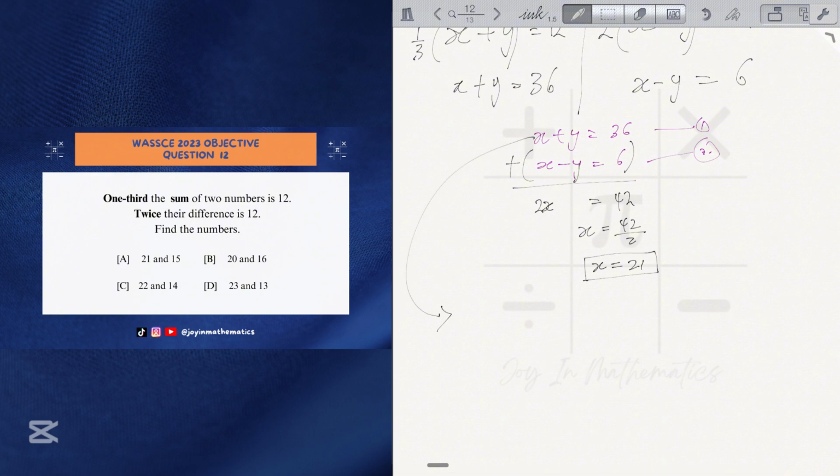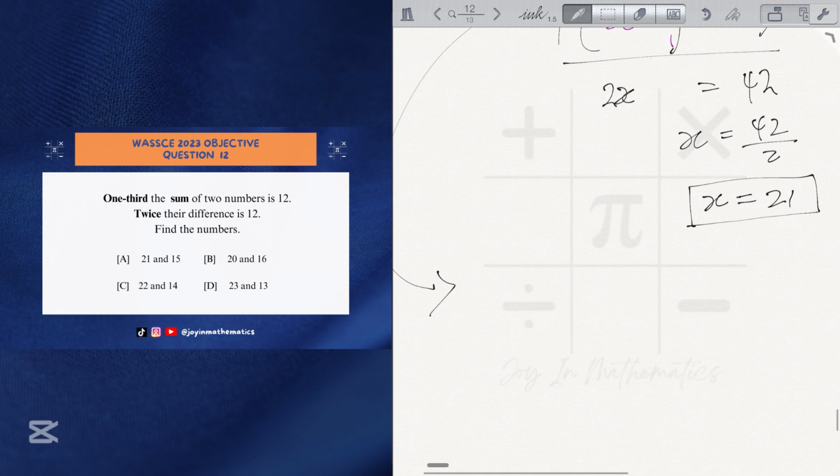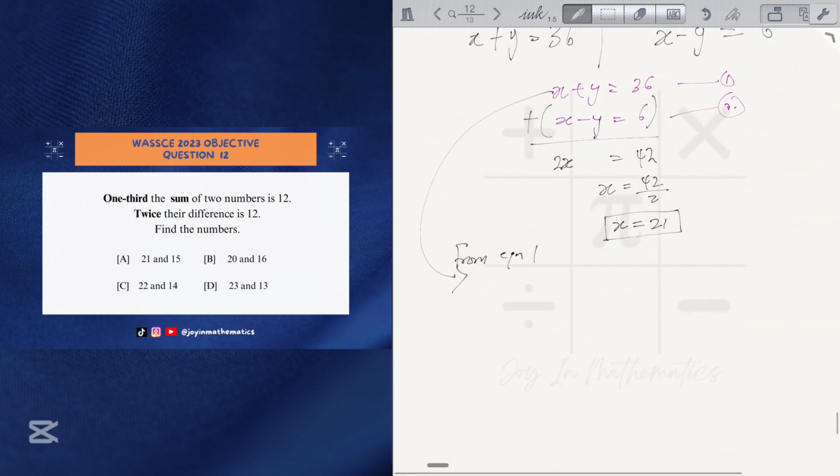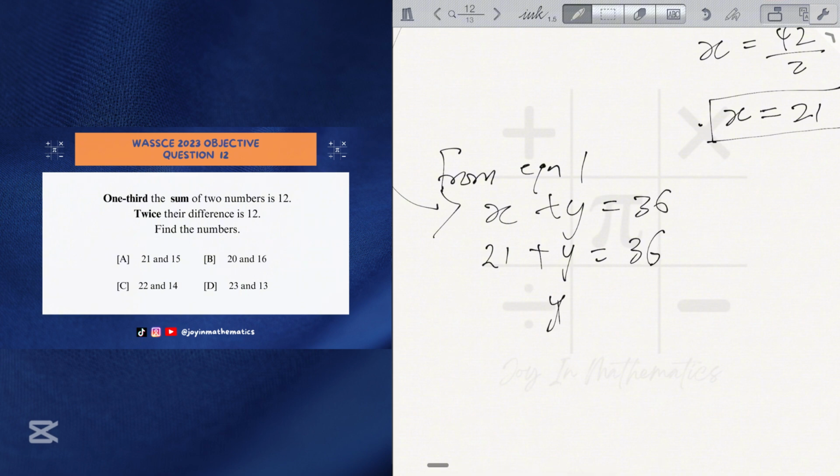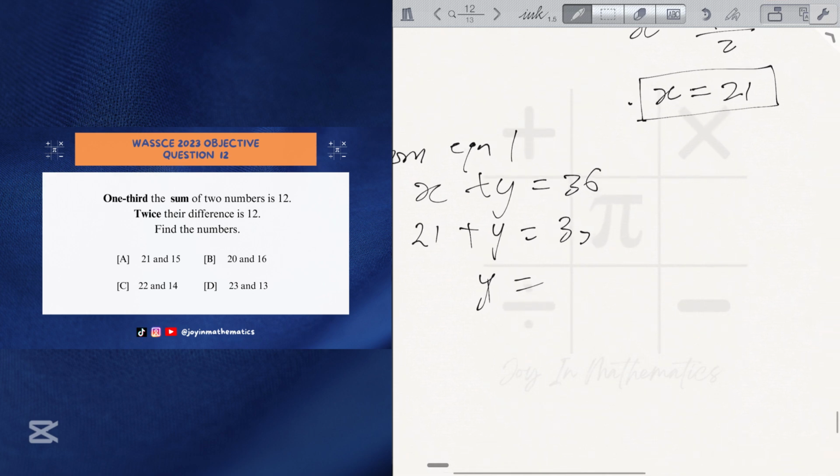From equation 1, x plus y is equal to 36. So we substitute the value of x, 21 plus y is equal to 36. So we have y equal to 36 minus 21, which results in 15. So y is equal to 15.